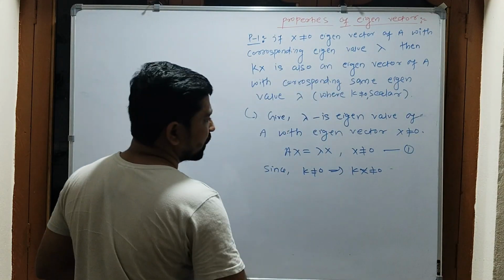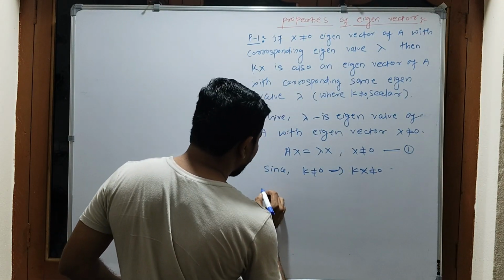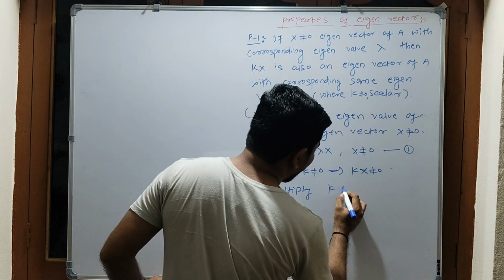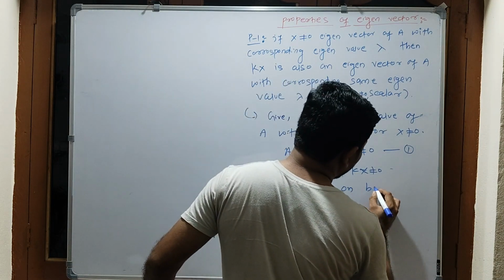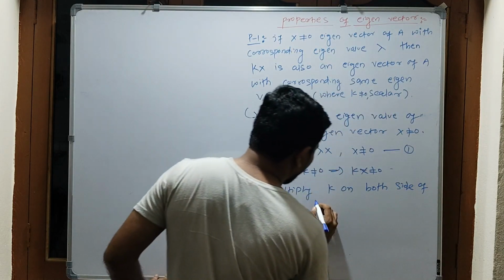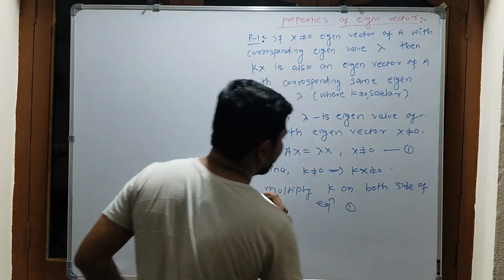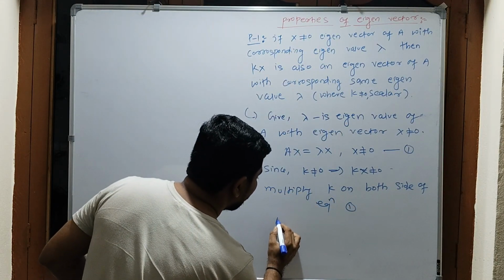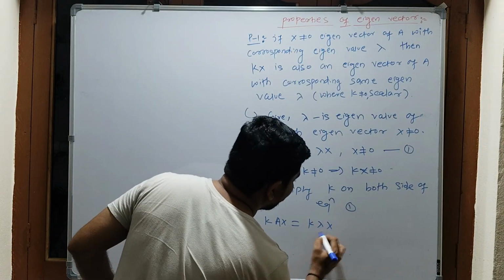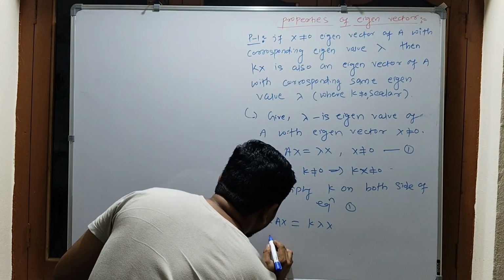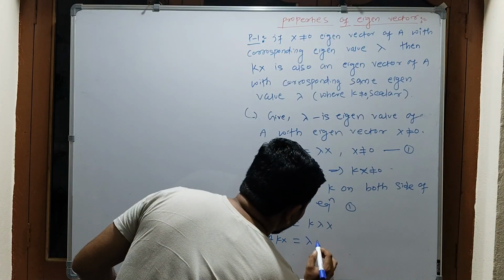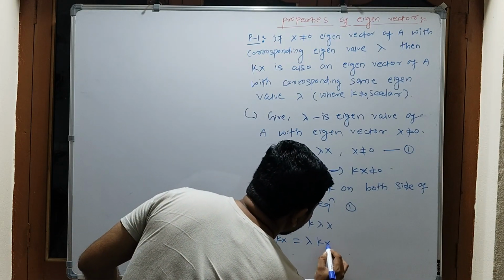Therefore, multiply k on both sides of equation 1. What will happen here? This is k times Ax, which is equal to k times lambda x. So I will write A into k times x, which is equal to lambda times k times x.